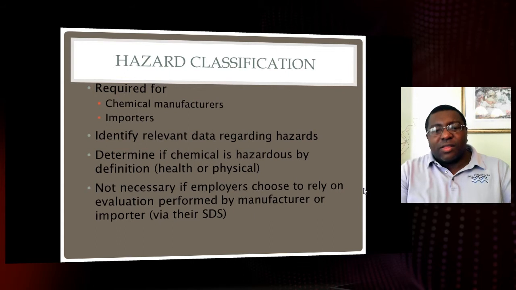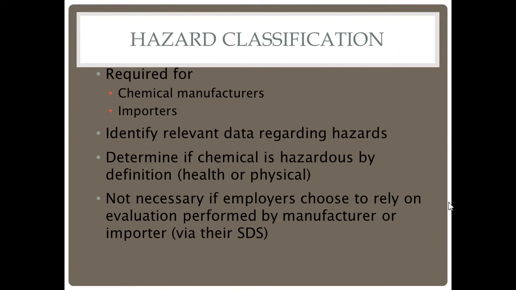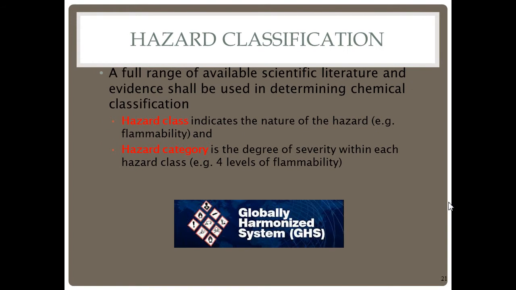So this last bullet is saying it's not necessary for a manufacturer or an importer to go to every person that they sell their product to. What they do instead is they provide an SDS sheet, and in that SDS sheet would be all the information they would have given the client on the use of their chemical.